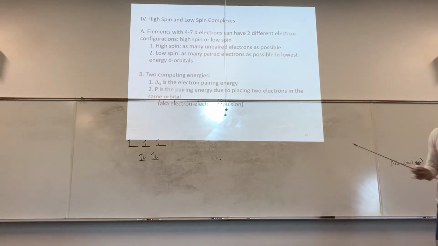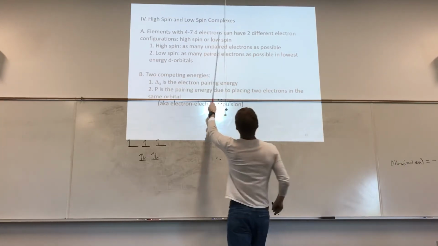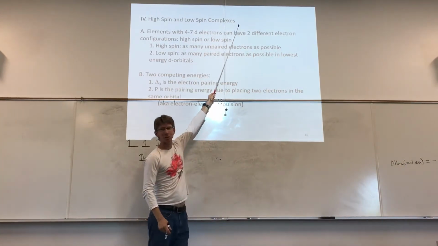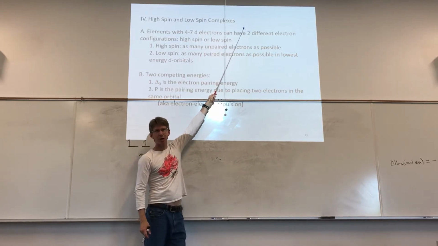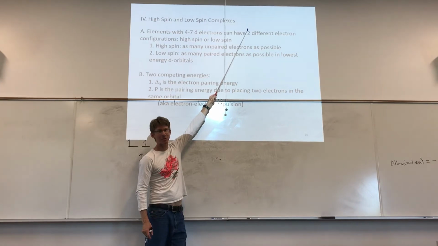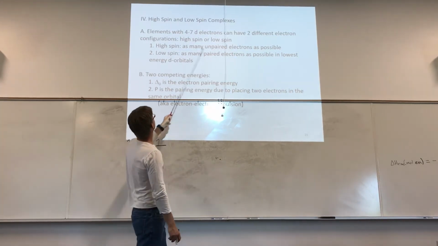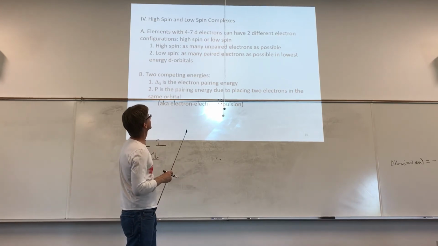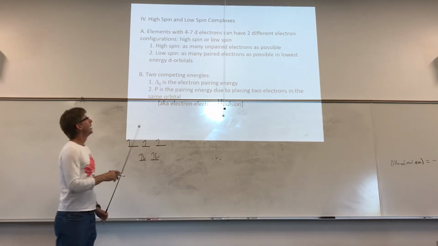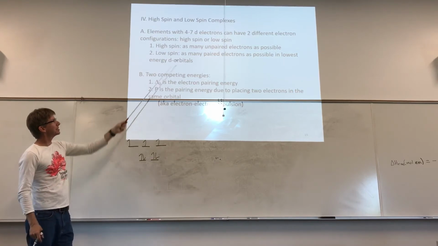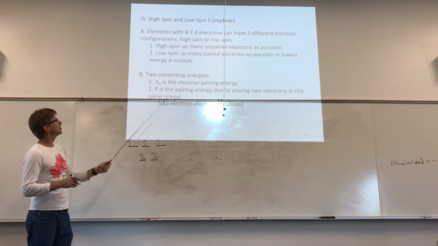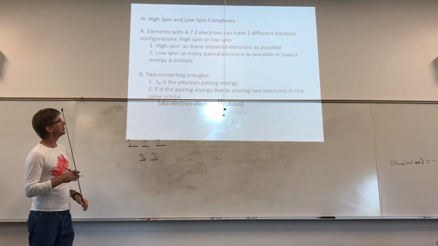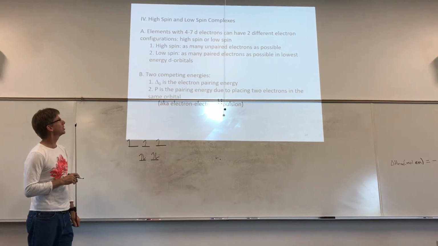I can't write on this today, but let's do high spin and low spin complexes for octahedral complexes, because that's specifically what we're talking about right now. Those are the ones for which there are 4 to 7 d electrons. High spin means as many unpaired electrons as possible. Low spin means as many paired electrons as possible, and lowest energy d orbitals.